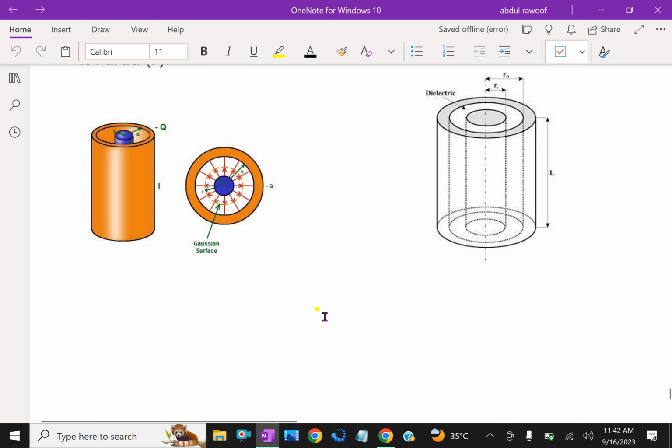Let epsilon r be the relative permittivity of the medium between the two cylinders.